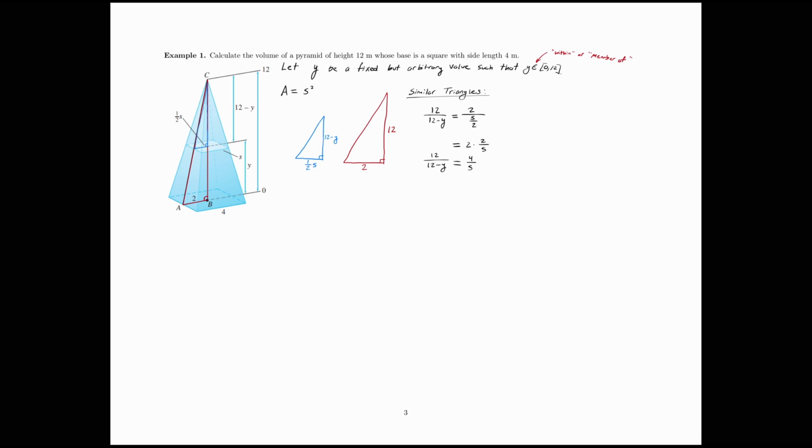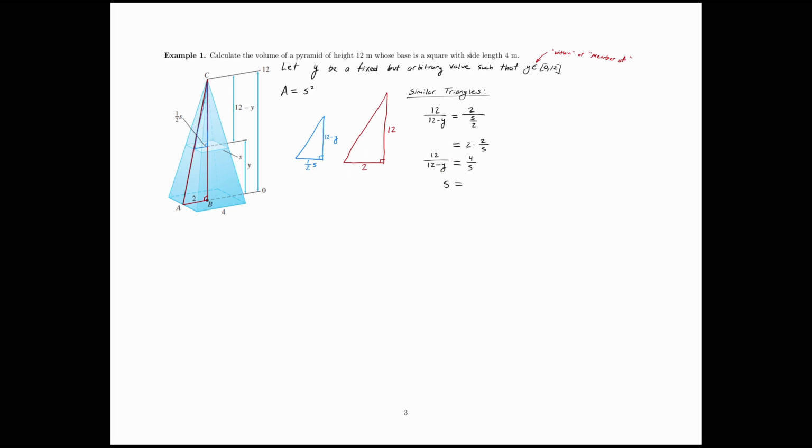And of course, our goal here is to take this area that depends on s, and we want to make it a function of y. So we want to solve this equation for s, and then substitute that value in for s, which will then eliminate s from the equation. So to solve for s, I'll multiply by s, and then I will divide both sides by this fraction.